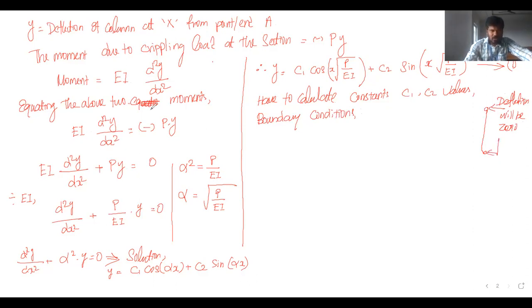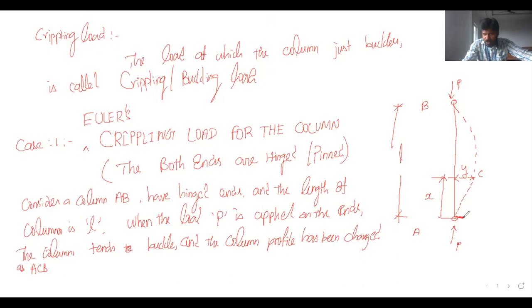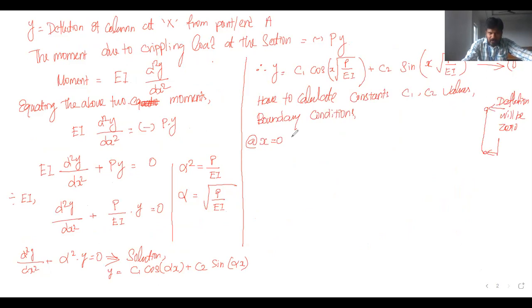So we are going to use that as the boundary condition. Here, at x equal to 0 in the figure, the deflection y is equal to 0. Similarly, at x equal to L, the deflection is equal to 0. By using these, we are going to find out the constant values. So at x equal to 0, y is equal to 0.